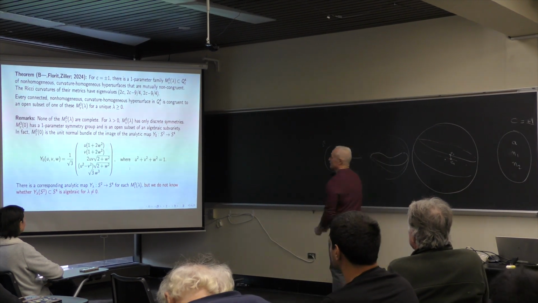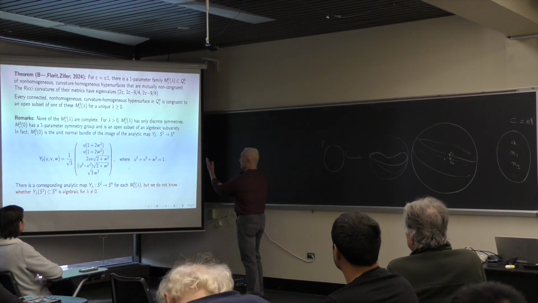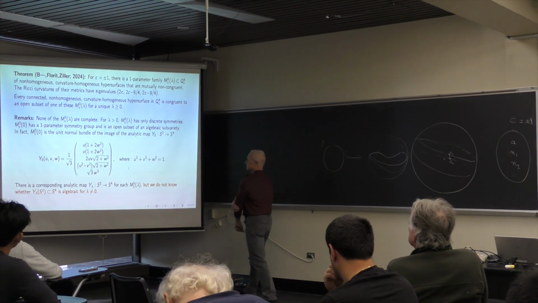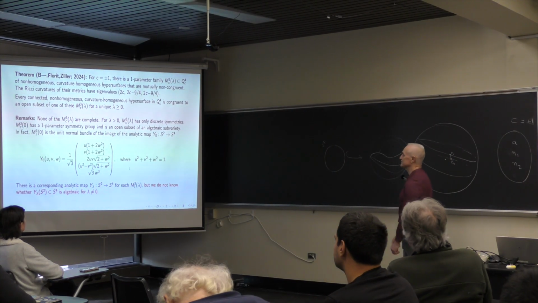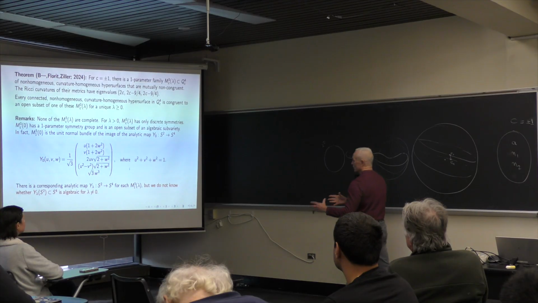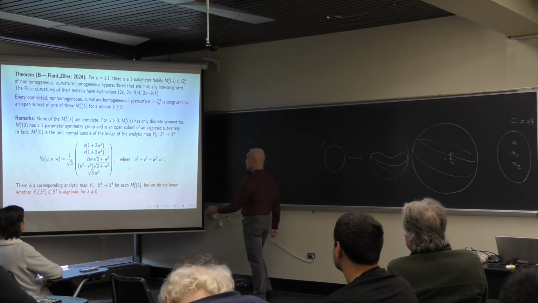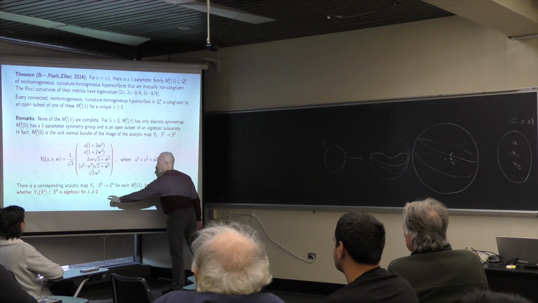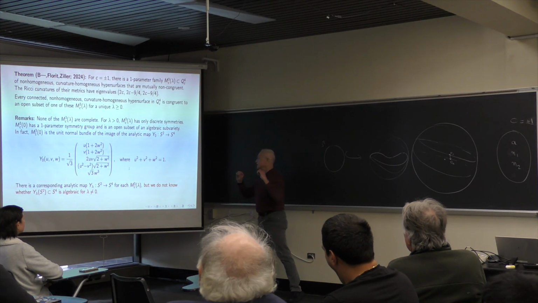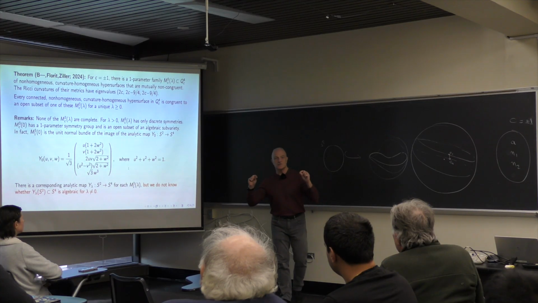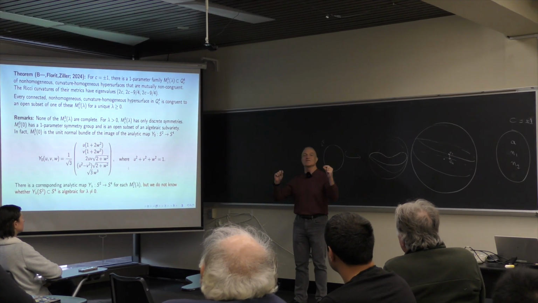However, when lambda is positive, there are only discrete symmetries. There's no continuous symmetry, so you can't divide out by a circle action and reduce the dimension. But we were able to prove that even for positive lambda, the surface is always the image of a two-sphere, and it always has a crease along the equator.